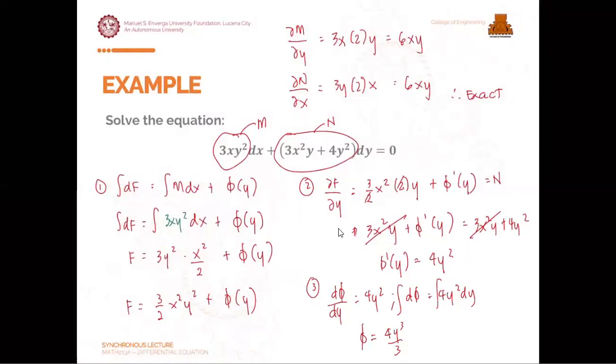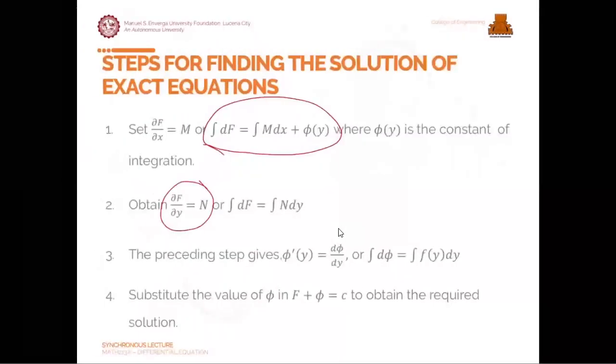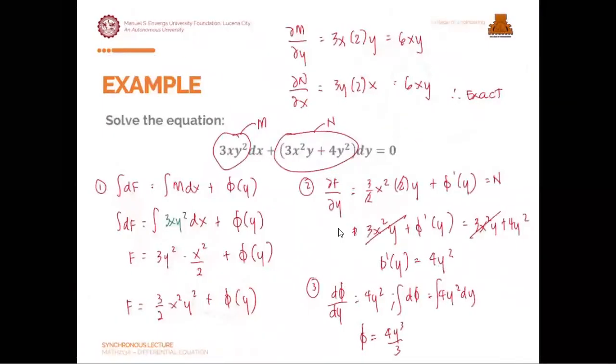Okay, so when we have that, the next step is to substitute the phi that we obtained into f plus phi equals c. So we are final now. We have the value of phi, 4y cubed over 3, so we substitute it into f plus phi equals c.